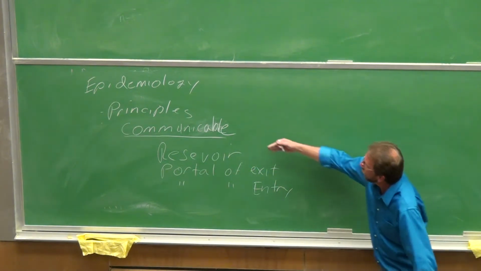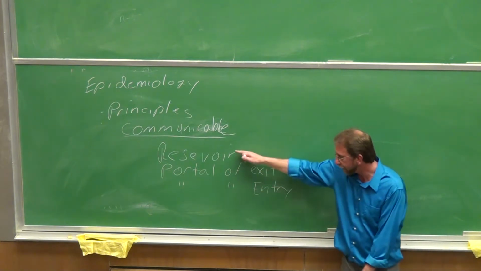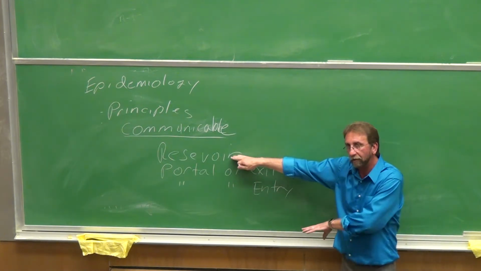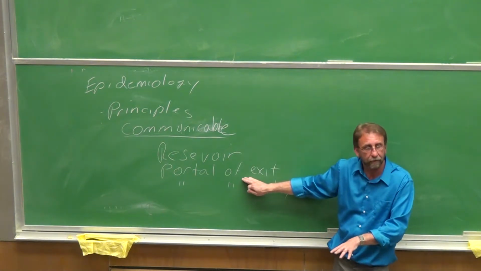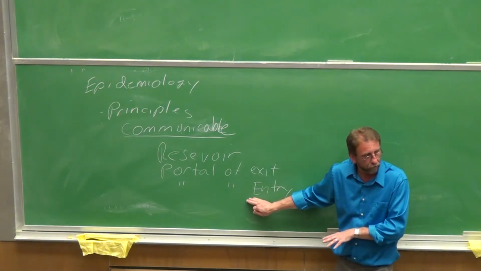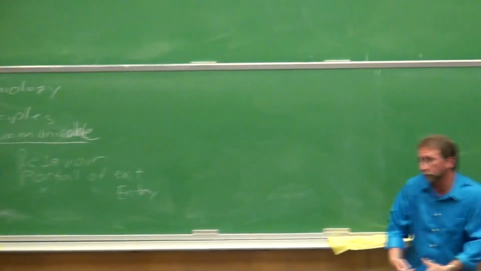And so, in order for a communicable disease to be passed on, we see this sequence of events where the microbe leaves its reservoir through some portal of exit and enters a new host through the portal of entry. And we'll note that that portal of entry has to be appropriate for the microbe.